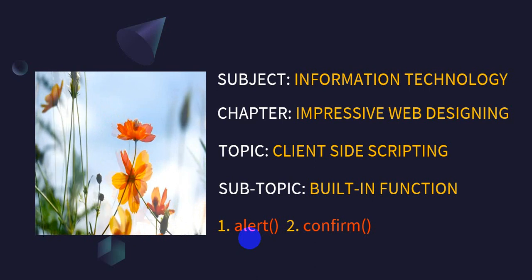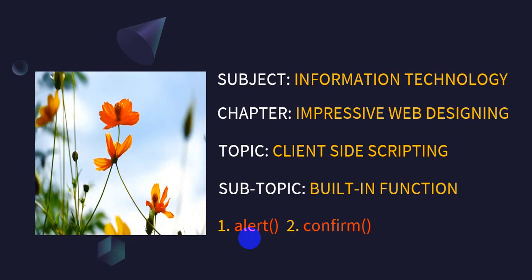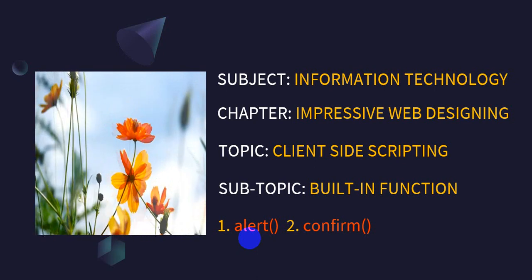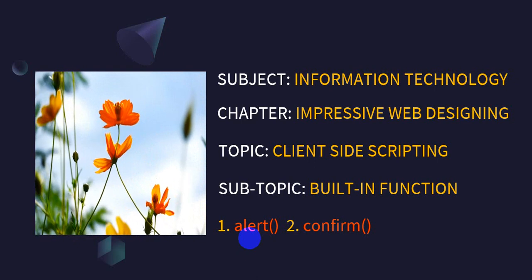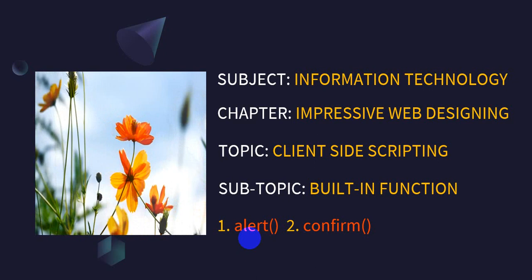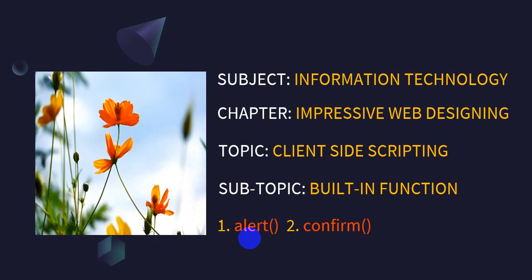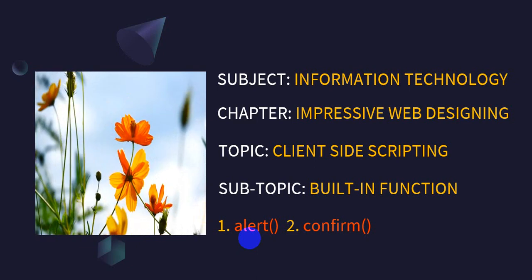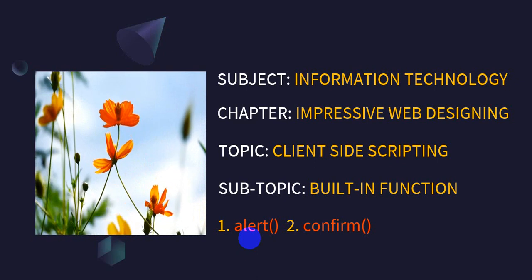At that time you get a pop-up box, which is mostly called an alert box, because in it you will get a message, for example, please enter number only, or you cannot enter characters in that field. So these types of boxes are called alert boxes, which alert the user.